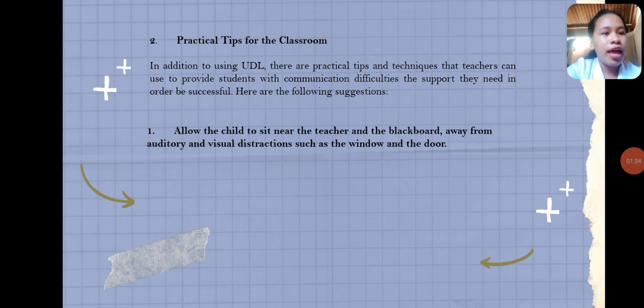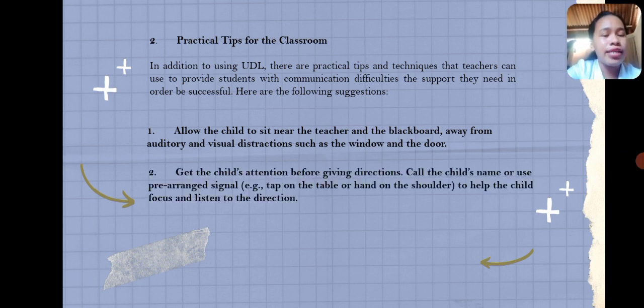Next is get the child's attention before giving directions. Call the child's name or use a pre-arranged signal such as a tap on the table or a hand on the shoulder to help the child focus and listen to the directions. Get the child's attention first so they can recognize and be focused on what to do.